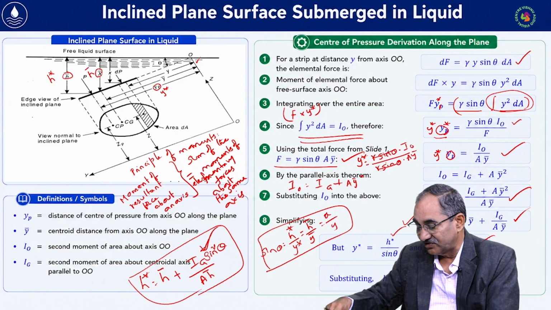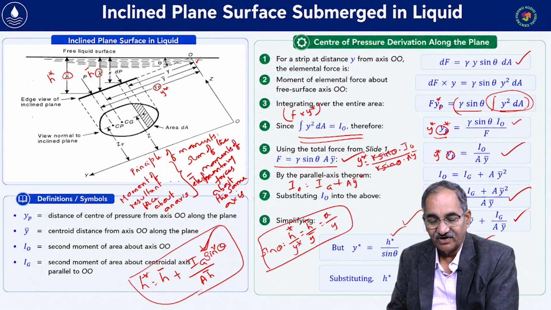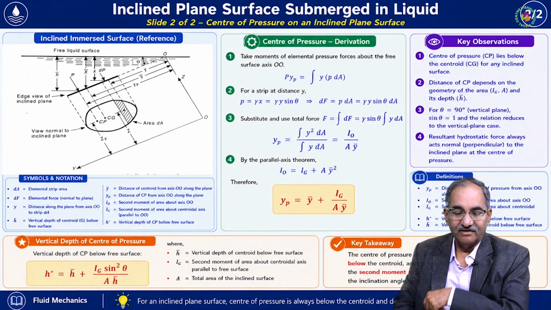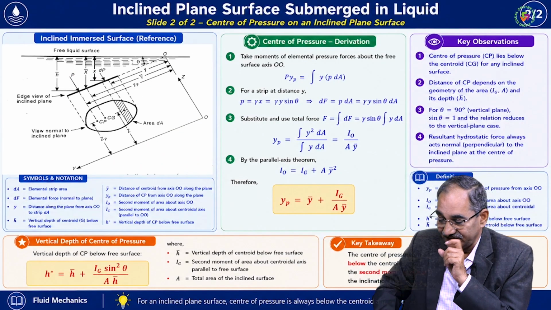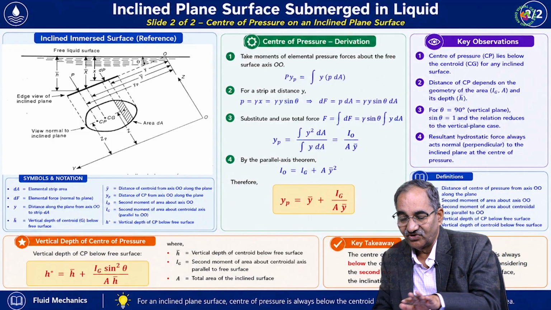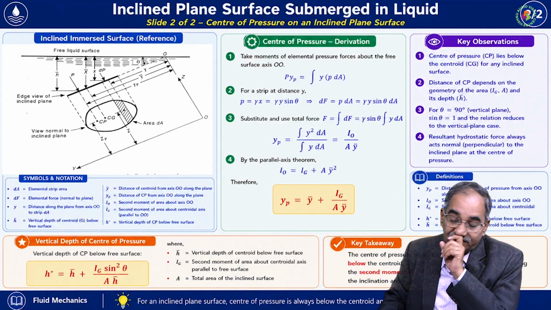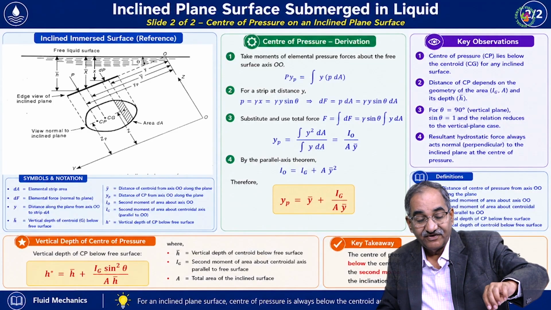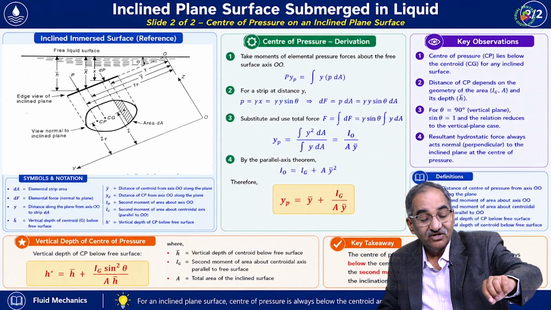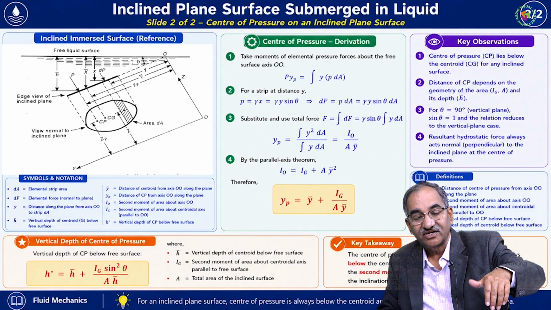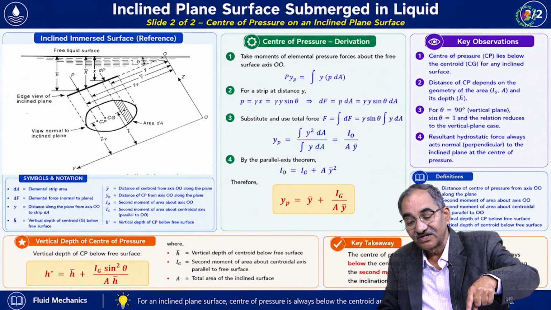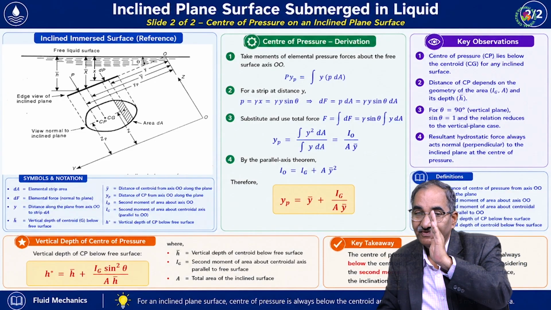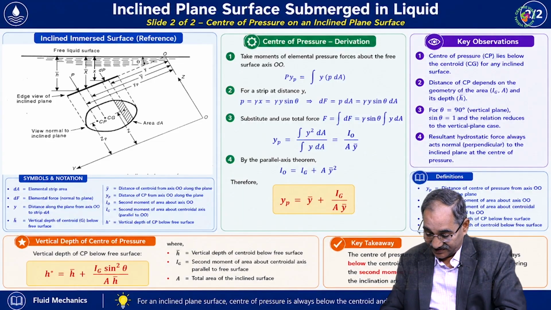So this completes the derivation of an inclined plane surface submerged in a liquid. If theta is equal to 0, it becomes a horizontal plane surface, and if theta is equal to 90, it becomes a vertical plane surface.